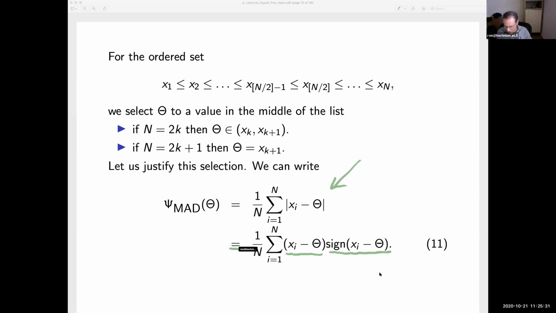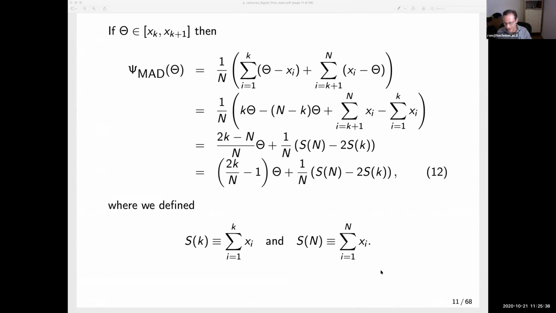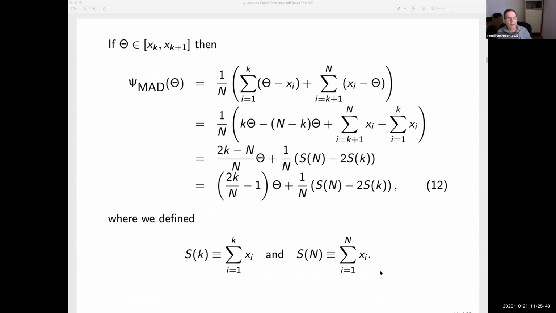If I do that, and I write my MAD penalty in a different way, then for any k, picking theta between any k would yield the following penalty. So this is for any theta. This is not the optimal, this is any theta.